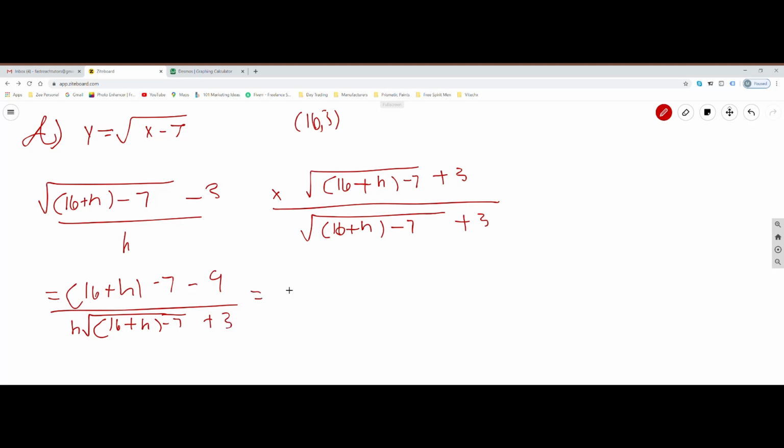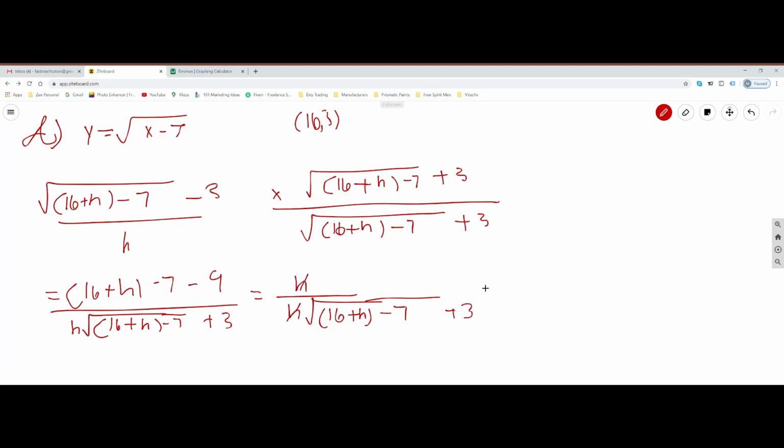equals h over h, 16 plus h minus 7 plus 3.